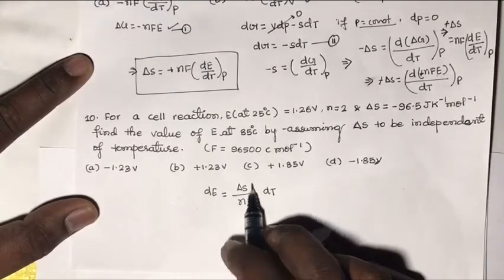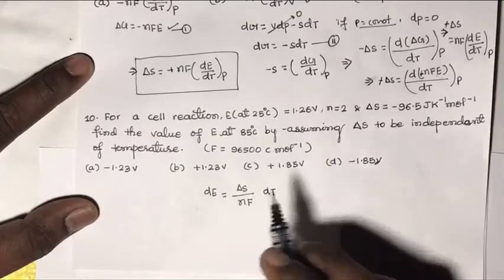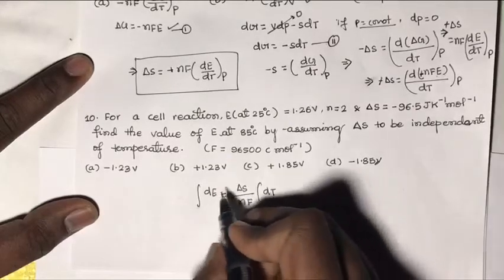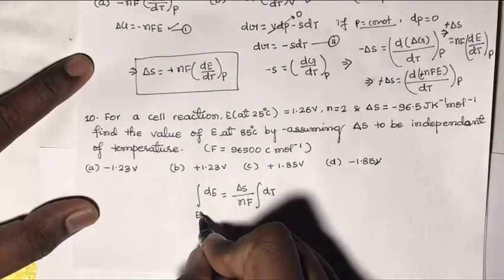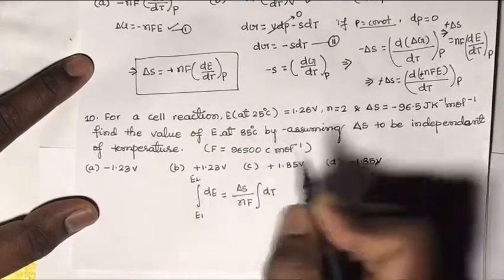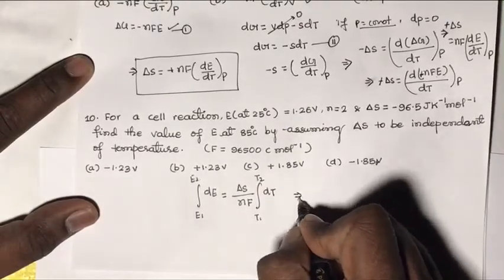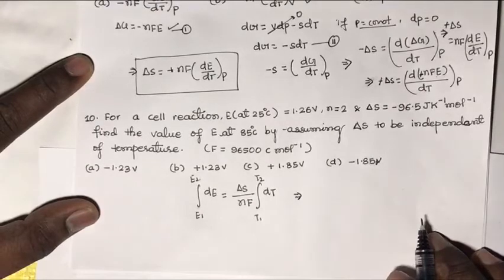So all of this is constant, and if we integrate it from EMF E1 to E2, and from temperature T1 to T2, we will get the required EMF at temperature T2.